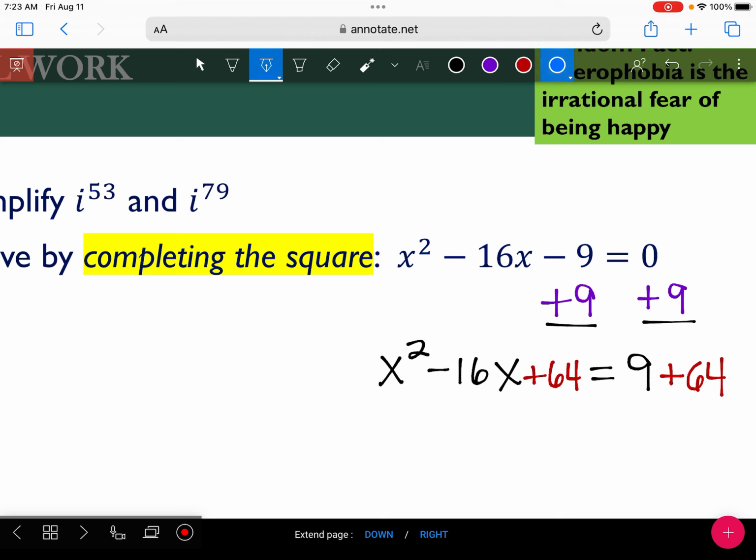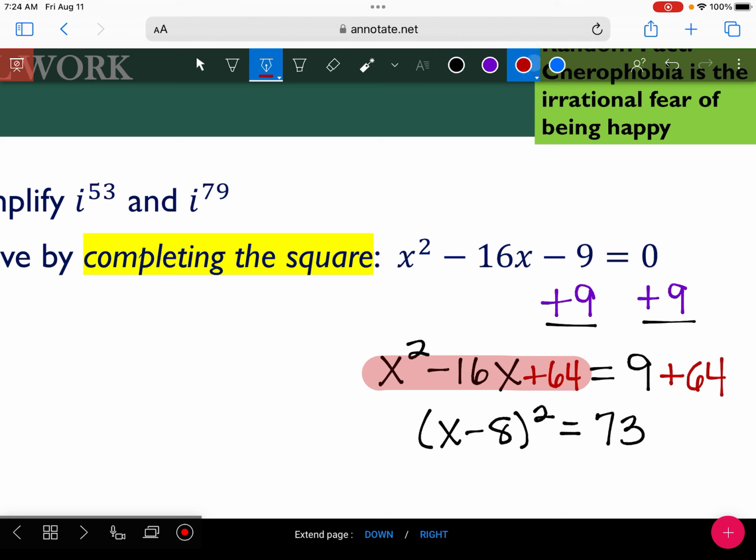And this is going to factor down to a perfect square. So that actually factors down to x minus 8 squared equals 73. I just want to make sure. All right, so now what are we going to do?